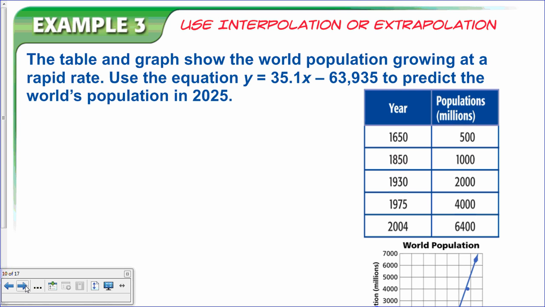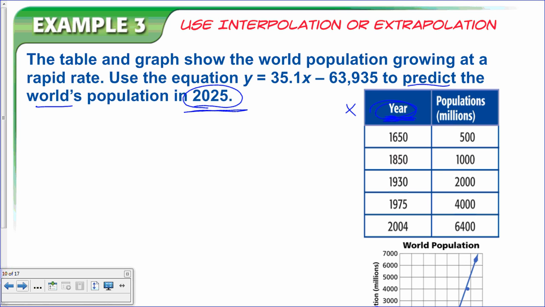And I want to predict the world's population in a given year. So what column over here is this? It's X, isn't it? We said this column is X, our year, okay?